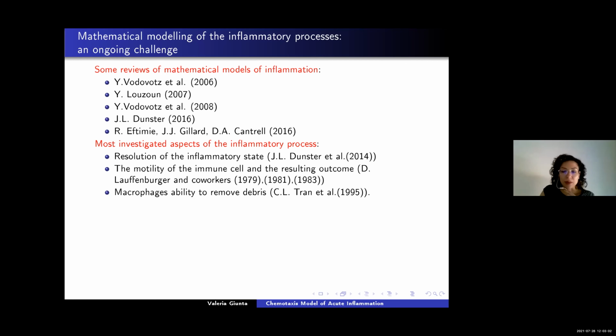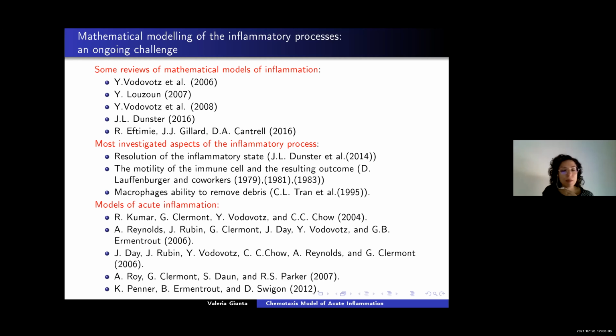In particular, a research group from Pittsburgh has proposed several models of acute inflammation, which is the first stage of this process, and probably it is the most important stage. And thanks to these models, they have proposed and also verified different hypotheses on the inflammatory process.